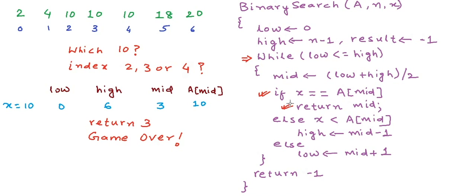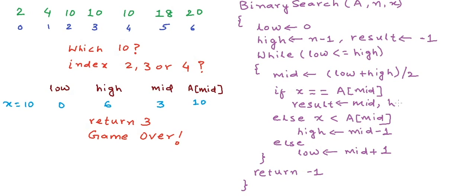Now when the condition is that x is equal to the middle element, instead of returning and exiting the execution of the function, we modify result to mid, the index at which x lies, and we adjust high to mid -1. Once again, I'm short of space here, so I'm writing 2 statements in the same line.